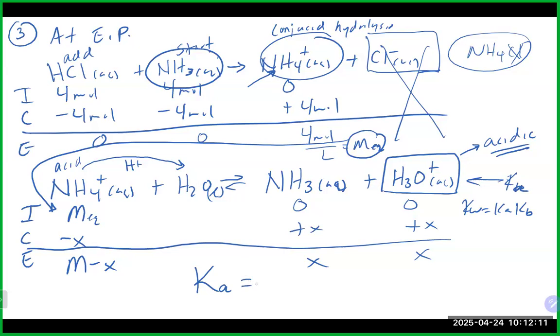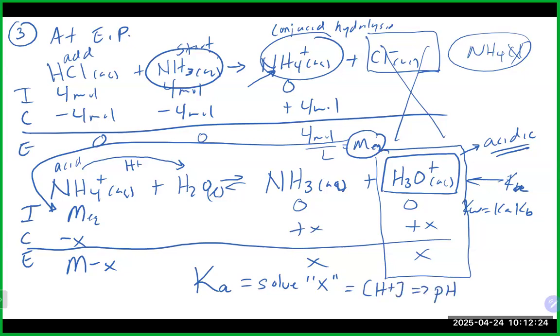Once you do that, you will obviously solve for x, however you want to do that, which is probably an assumption. And actually, in this particular case, the x does equal the H plus concentration, which means you could go directly into your pH equation and solve for it. So very similar to what we saw in the previous titration, when you reach the equivalence point, you are going to need 2 ice tables because basically you will have a salt that will go through hydrolysis.